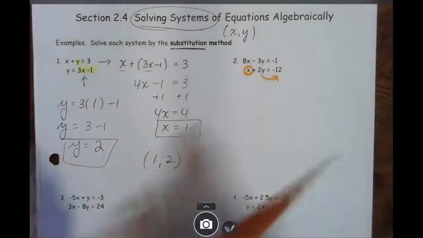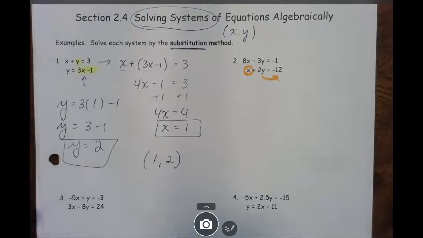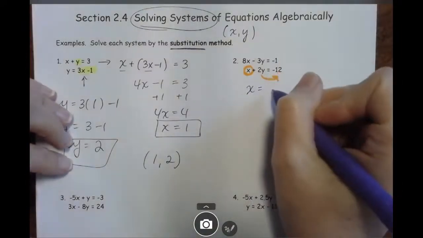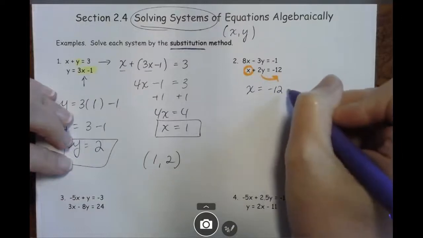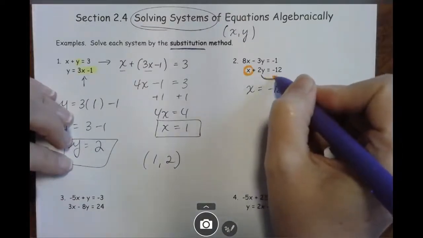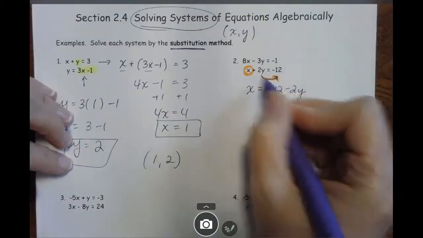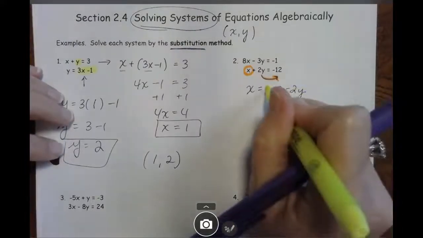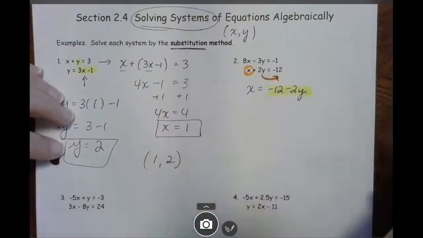We can take the 2y that is positive on the left, subtract it from both sides, and get x equals negative 12 minus 2y. So taking that 2y from the left to the right, the positive is going to become negative. And now we know x in terms of y.